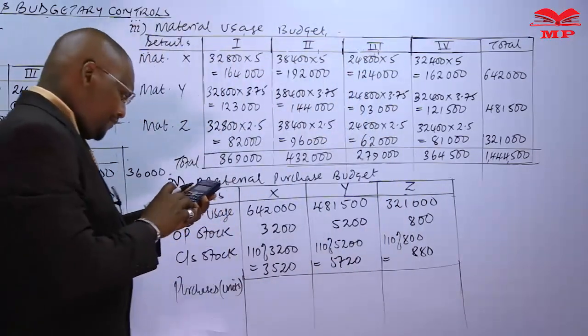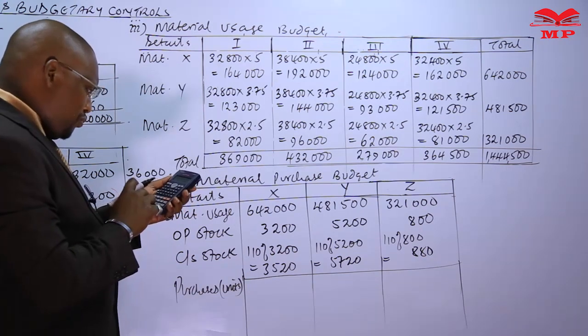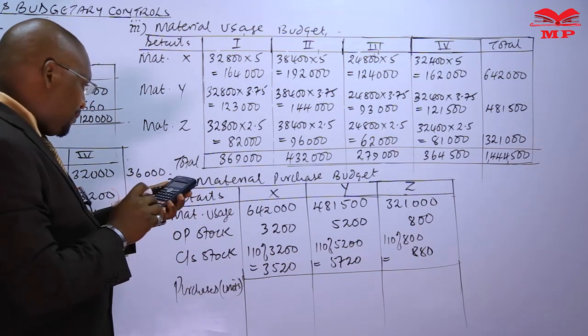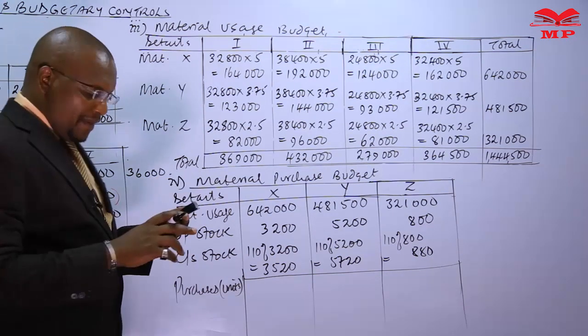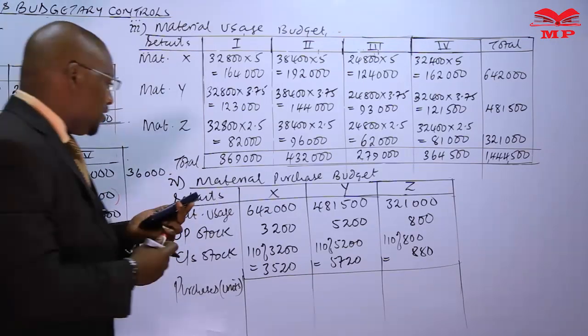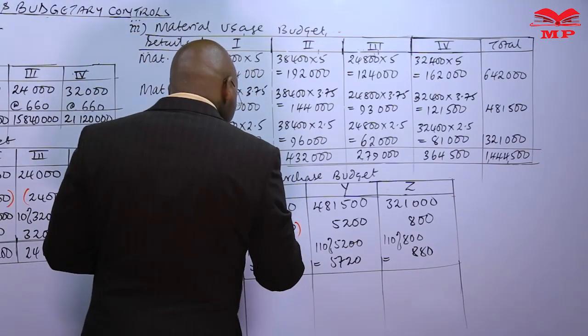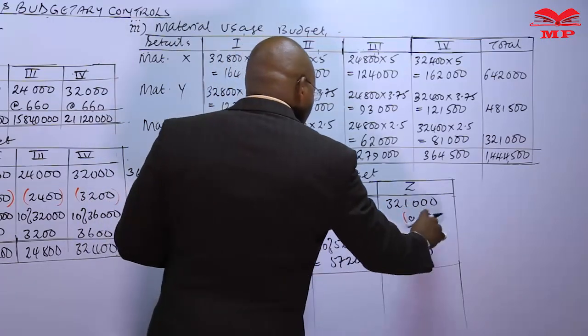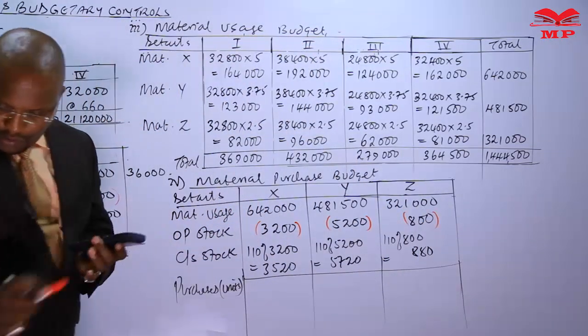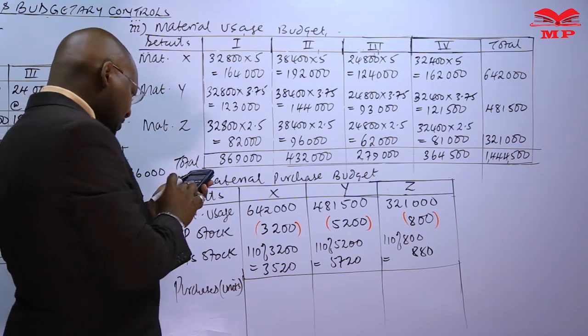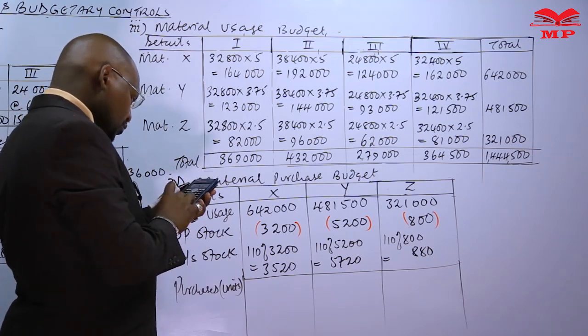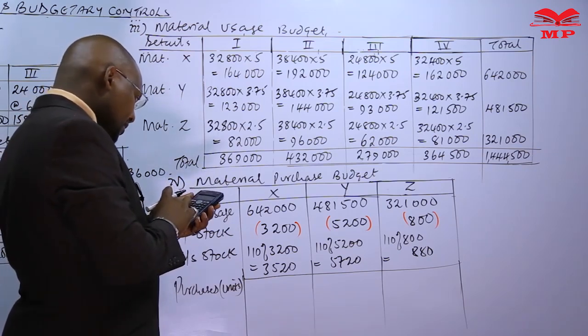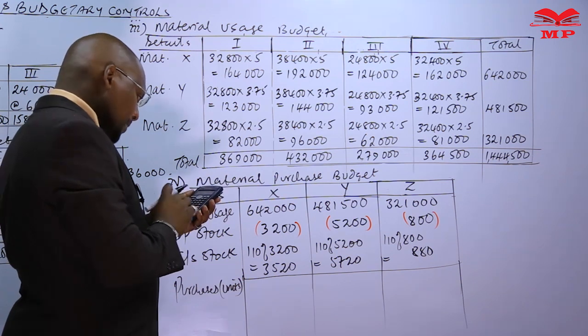So where we have 642,000 minus, remember opening stock is to be subtracted, minus 3,200, we add 3,520.